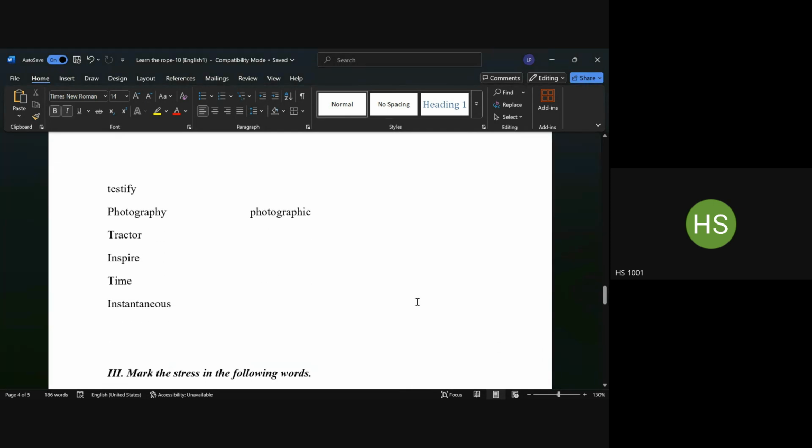Then comes testify. Which t is aspirated, the first one or the second one? The first one. Why the first one? Because the first one is the one that is stressed, not the second one.